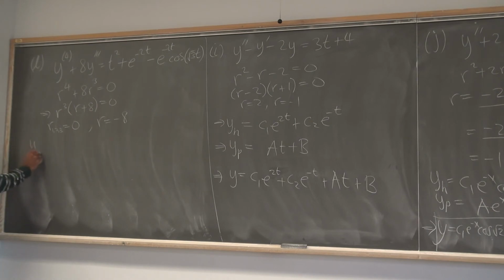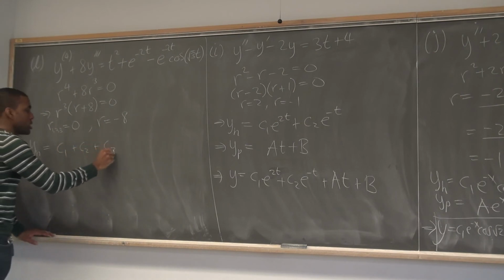So in this case, what is yh? So this is just a constant, right? It's just e to the 0t, which is just a constant. C1 plus C2 plus C3 plus C4.